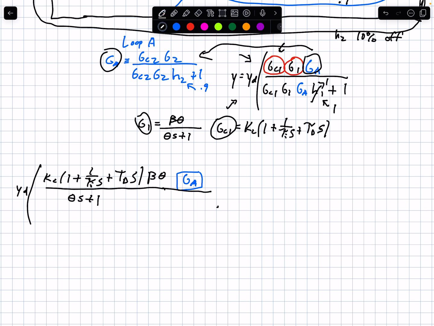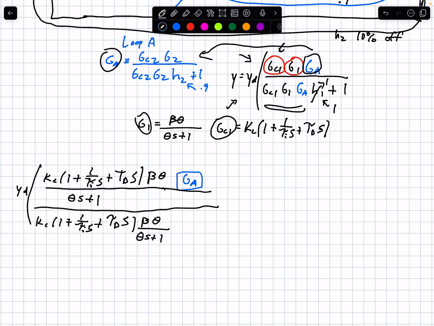And then all of that denominator is right here, so that's GC1, G1, GA. That's actually going to be the same thing: beta theta over theta s plus 1, and then times GA again.